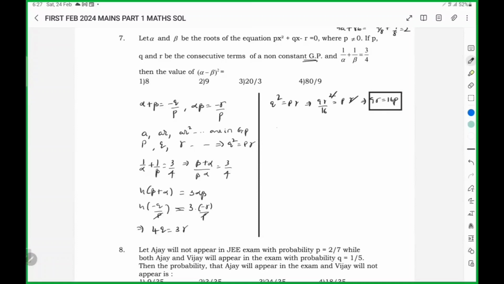What we have to find out is alpha minus beta whole square. Alpha plus beta is q square by p square minus r by p, which is q square plus 4pr by p square. Here pr is nothing but q square plus 4q square by p square.